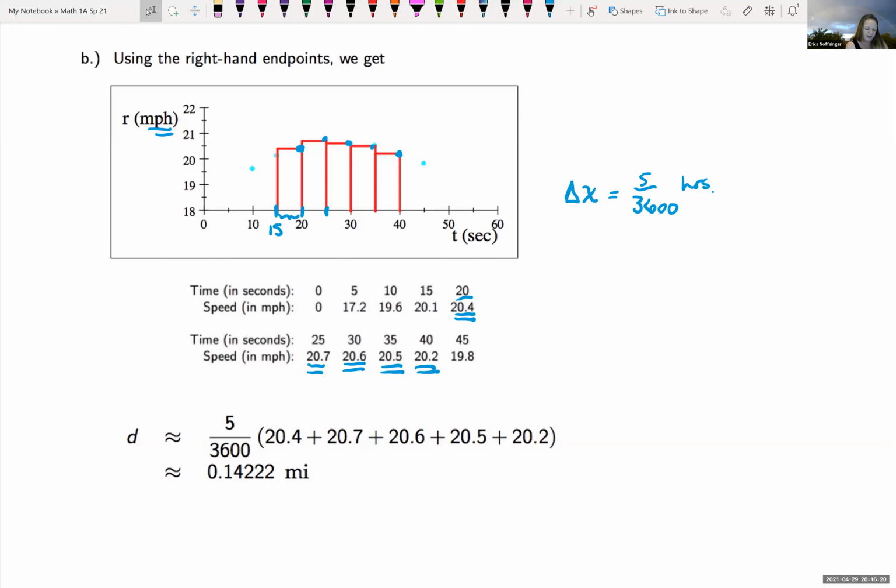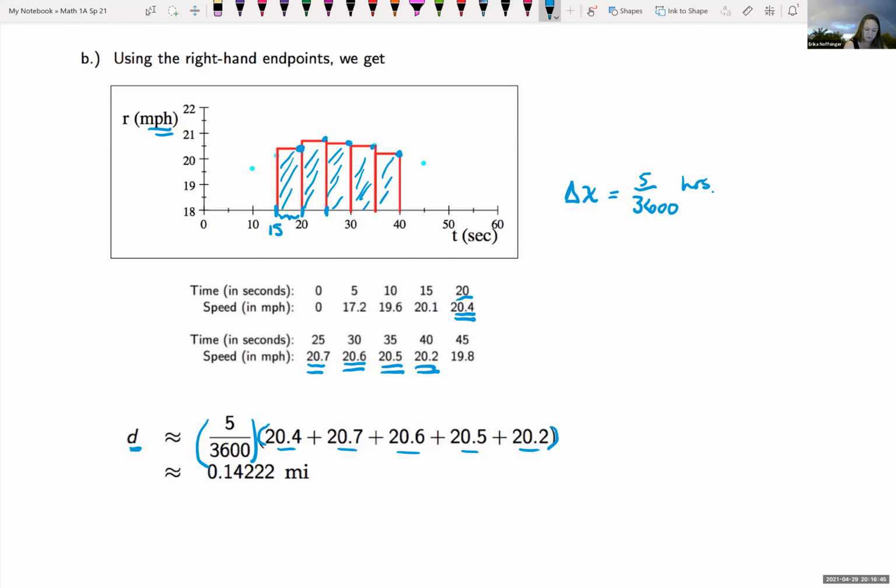Okay, so we can find that distance again by estimating it by finding the area of each of the rectangles. And we find that that is approximately the base, which is 5 over 3,600, times the speed at the right-hand endpoint of each interval between 15 and 40.